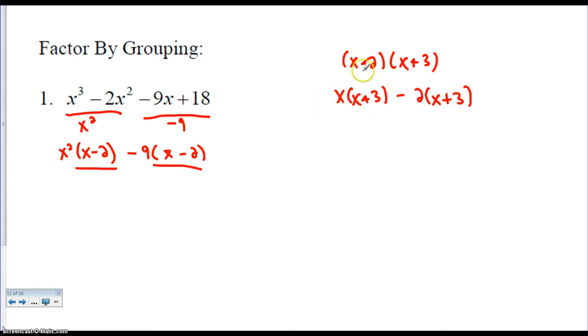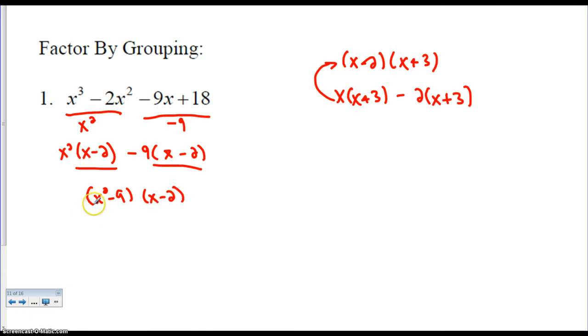So now we're working backwards. Because I have two x minus 2's, just like how I split them into two parts up here, now I'm going to put the x squared and the minus 9 together again. So I have x squared minus 9 times x minus 2.